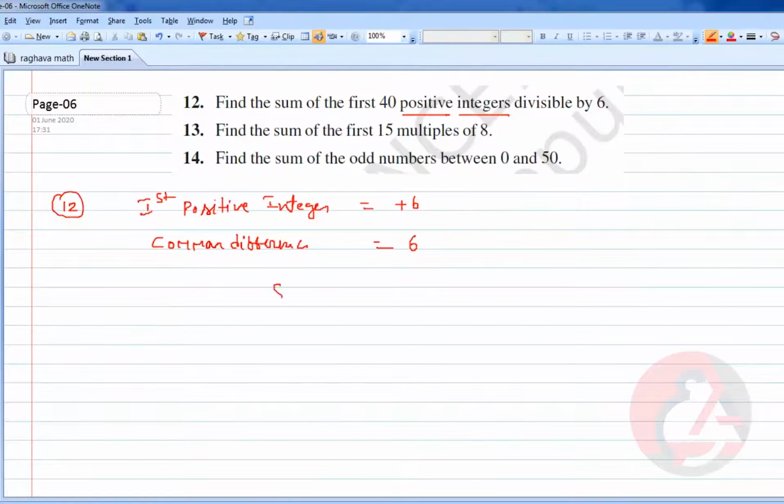And he is asking S40. That means n is equal to 40. Find out the answer. S40 is 40 by 2 into 2 into 6 plus 39 into 6. Solve the question. Let me know the answer.